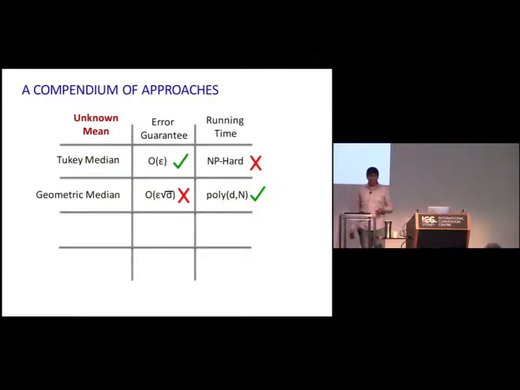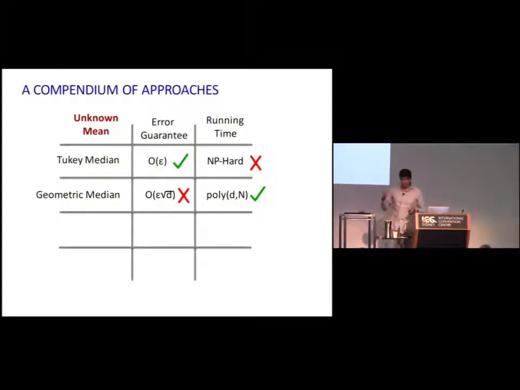But it has a terrible error guarantee. So all of a sudden, instead of having an O of epsilon error guarantee, it has error guarantee epsilon times root d. What this means is if you're given samples from something that's epsilon close to a Gaussian, so an adversary corrupts, say, 1% of your samples, then all you're going to be able to guarantee about the output of this algorithm is that it's 0.01 times root d close to the original Gaussian.